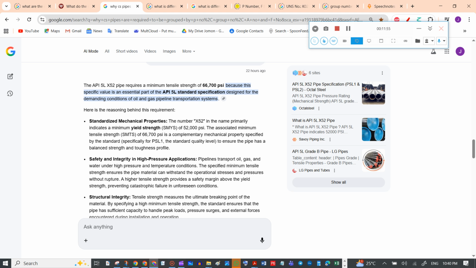Safety and integrity of high pressure applications like oil pipe transport: the specified strength ensures the material can withstand operational stresses and pressures without rupture.